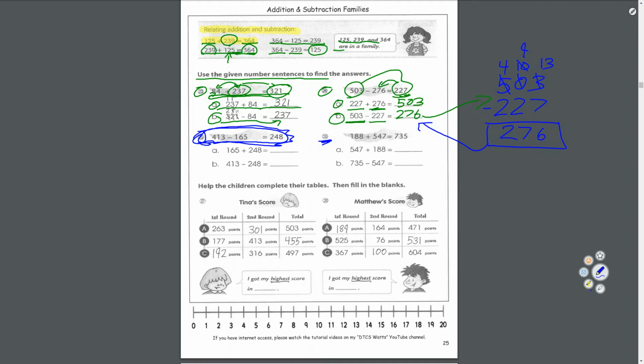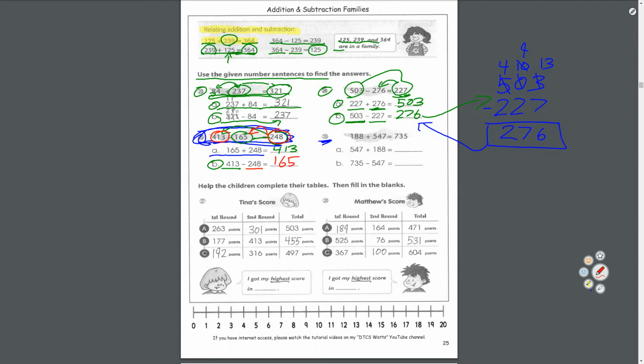So A, 165 plus 248, we know it's going to equal the first number, 413. B, 413 take away 248, we know it's going to equal 165.